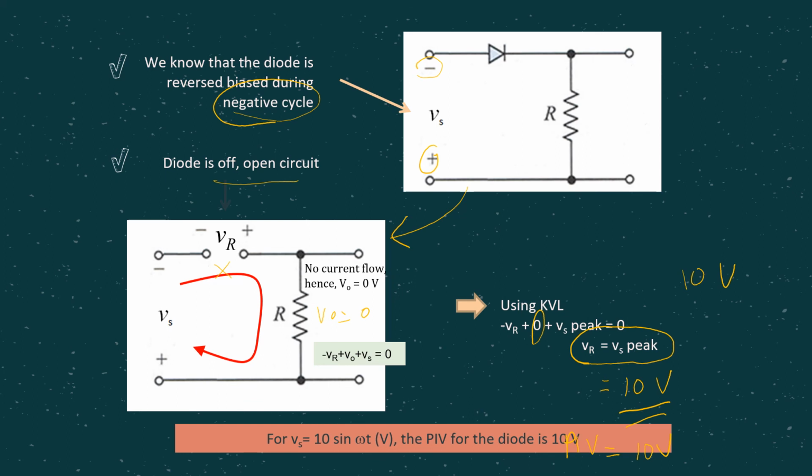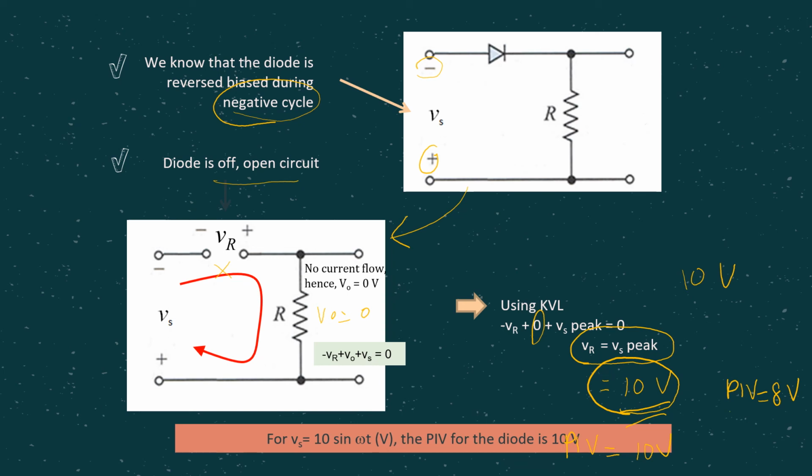If we choose a PIV rating of, for example, 8 volt, but in reality our diode may experience 10 volt maximum reverse bias voltage, then the circuit is not good, because the diode may be damaged during operation. Why?